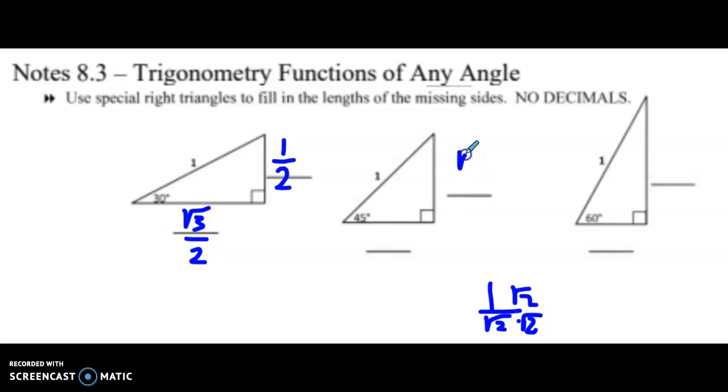So our leg length ends up to be the square root of 2 over 2. And because it's a 45-45-90 triangle, the leg lengths are the same, so square root of 2 over 2. In the 60-30 triangle, we've already figured that out, so I'm going to go ahead and put those values in. The short side is 1/2, and the long leg is square root of 3 over 2.